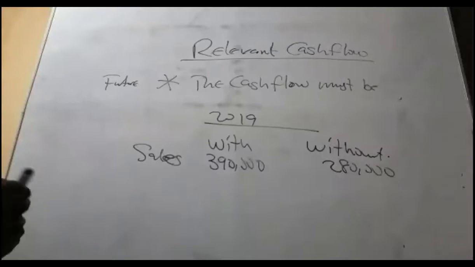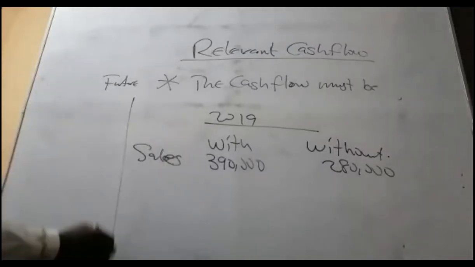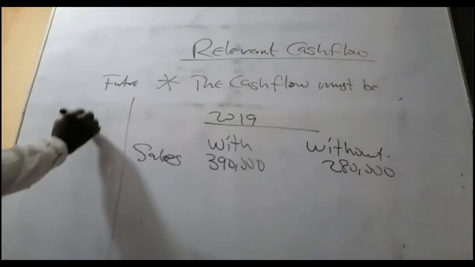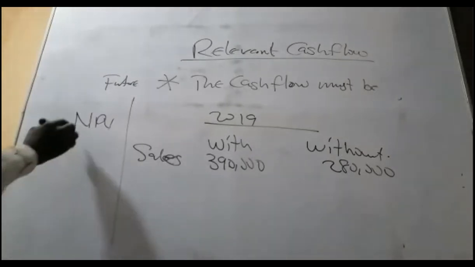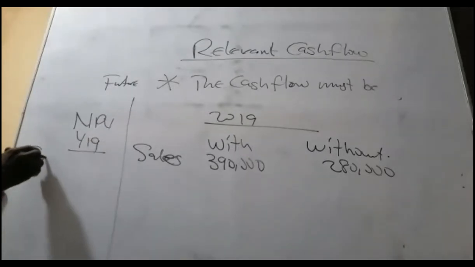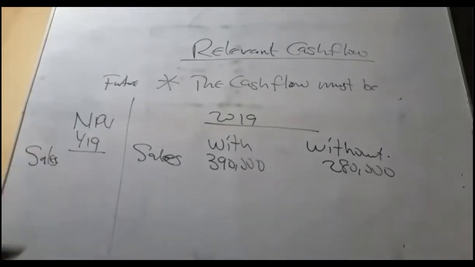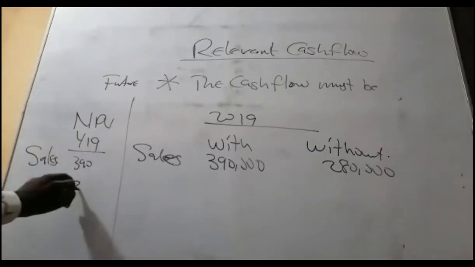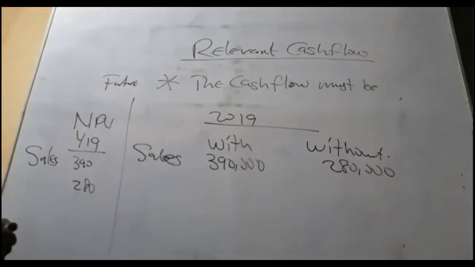So now tell me, assuming I am preparing the NPV, this is my NPV layout. Year 2019. Tell me the sales revenue that I have to include. In the NPV calculation, which of the sales will I use, the 390 or the 280? Start work. The answer is in, let me know.